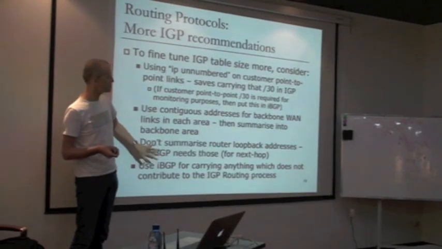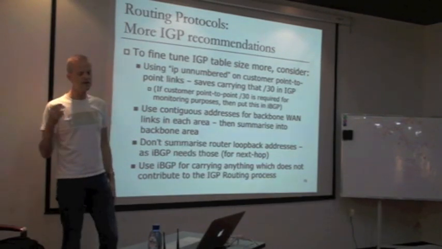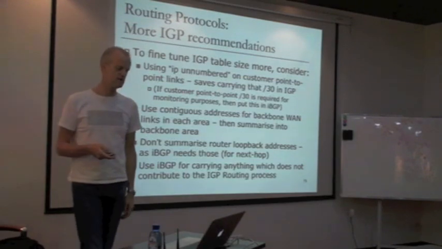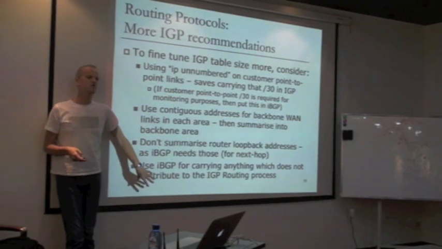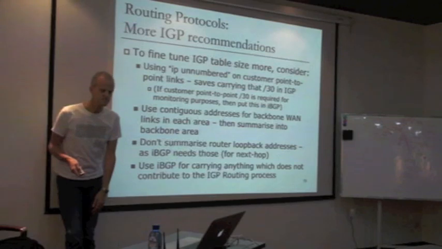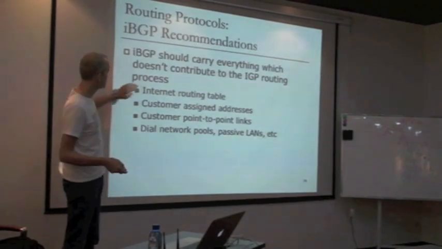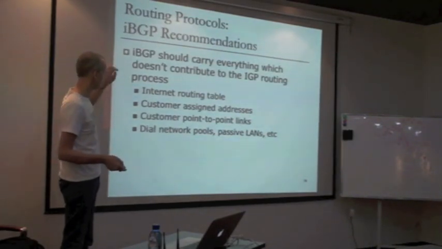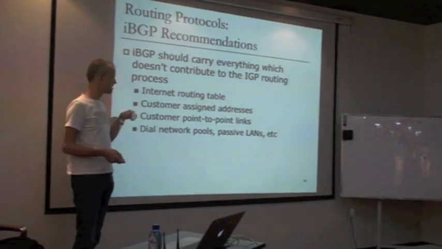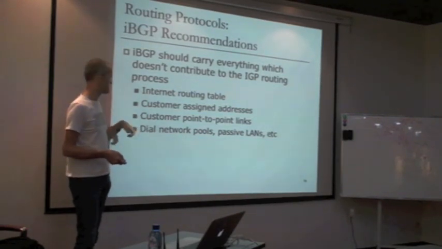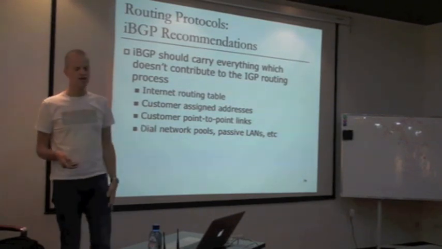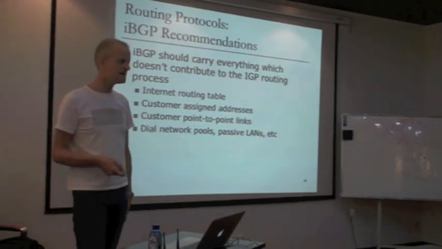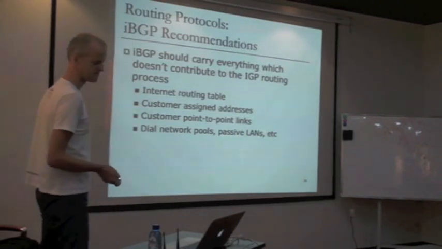Don't summarize router loopback addresses, because IBGP needs those for the next hop. And finally, use IBGP for anything which doesn't contribute to the IGP. So things like the internet routing table should be in IBGP, customer addresses, customer point-to-point links, any broadband, dial-up, whatever, pools. None of those need to be in your IGP.